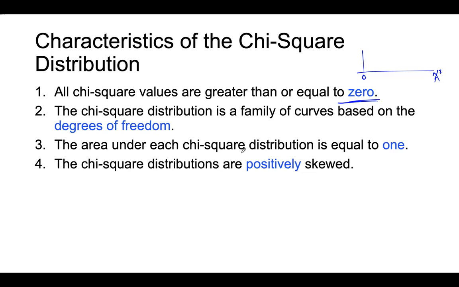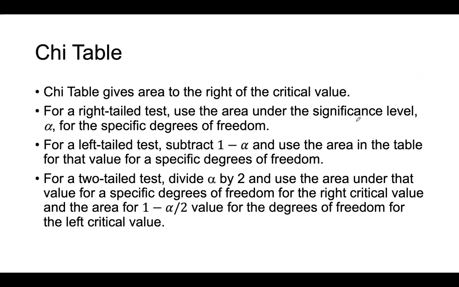The area under each chi-square distribution is equal to 1, because for all probability distributions the area under the curve is always equal to 1. And chi-square distributions are positively skewed, which we can see by looking at a picture, which will come up.